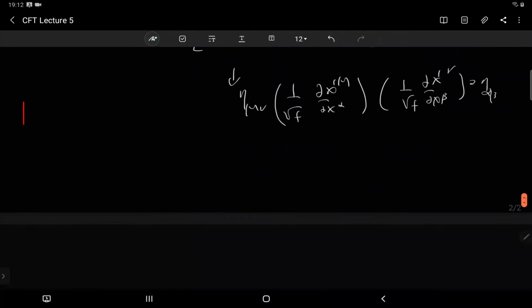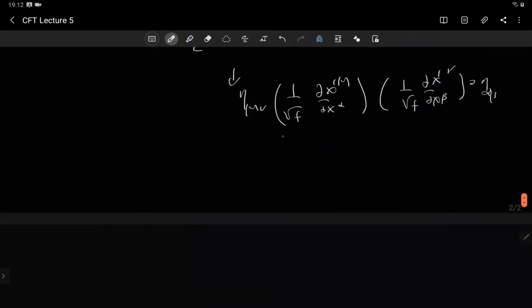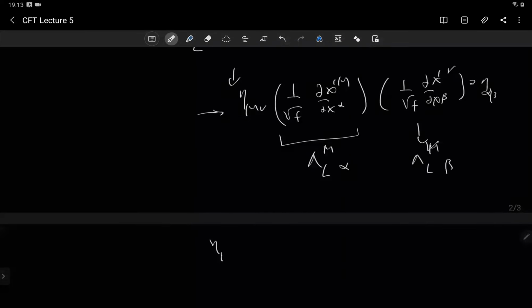And from here we immediately see that the solution to this equation is that this object is the Lorentz matrix in d dimensions, because this is a definition of Lorentz transformation. Those transformations which keep the metric invariant. So Lorentz transformation by definition is this.